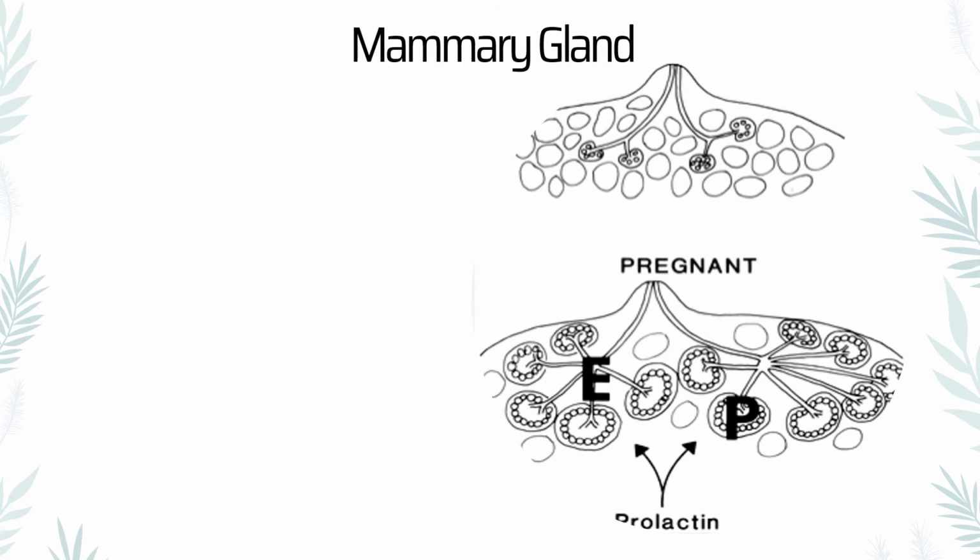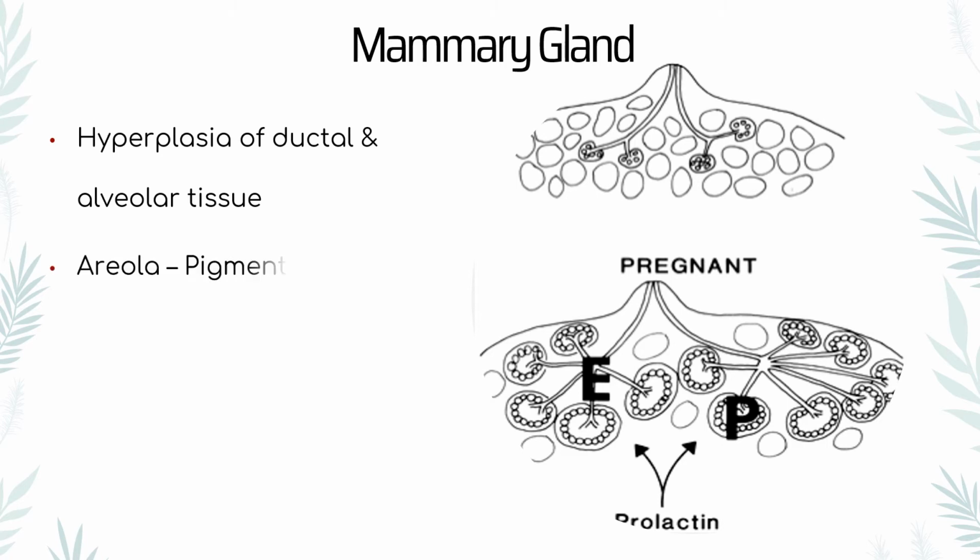Mammary gland: under the influence of various hormones, the breast enlarges in early pregnancy. Hyperplasia of ductal and alveolar tissue happens. The areola becomes pigmented and many sebaceous cysts become prominent in the areola.